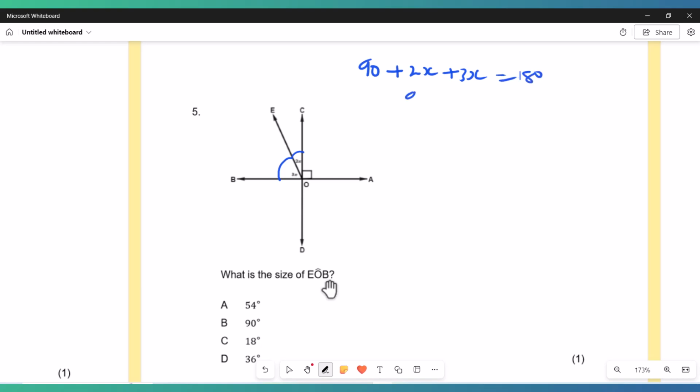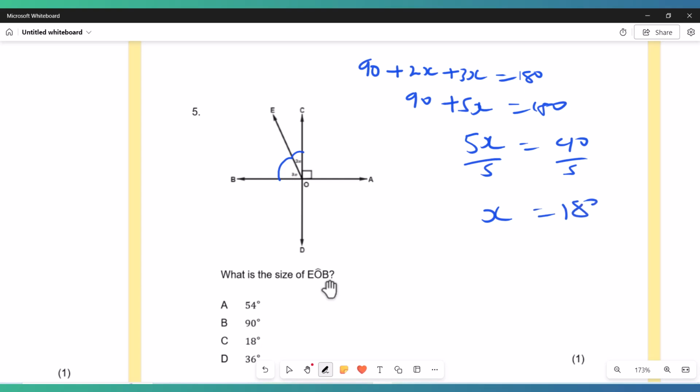So 90 plus 5x equals 180, so 5x equals 180 minus 90, which is 90. Divided by 5, x is 18 degrees.